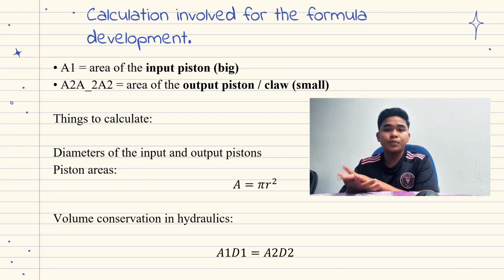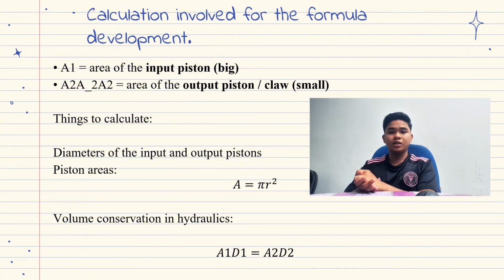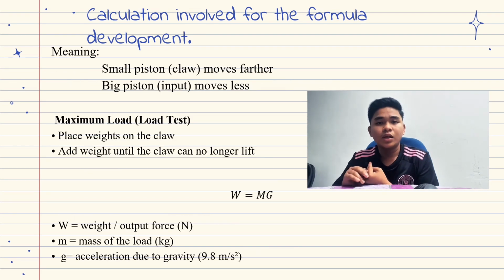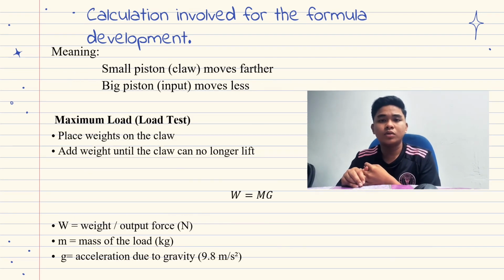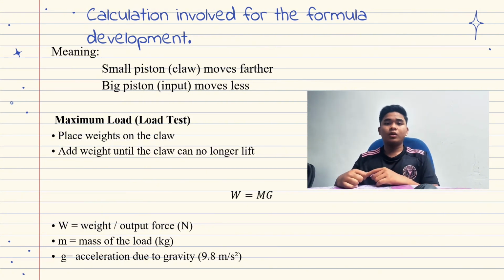Next, we compute piston areas and apply the principle of volume conservation, ensuring that displacement and area are balanced. Finally, we determine the maximum load through a load test by adding weight until the claw can no longer lift, using the formula to calculate weight based on mass and gravitational acceleration.